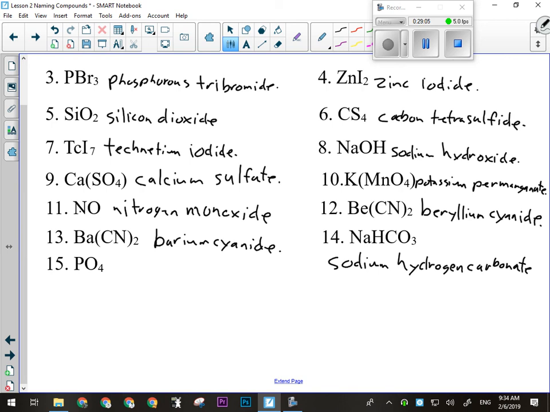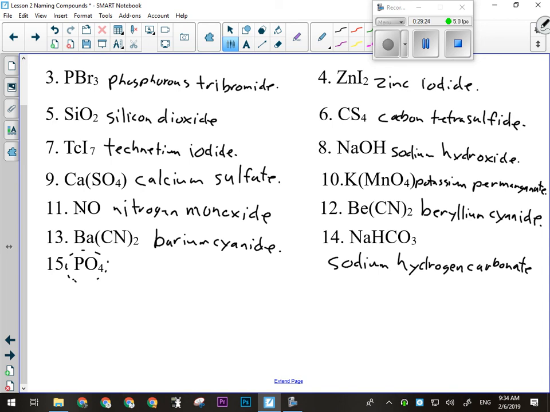Okay, and lastly, sometimes we make a bit of a mistake with this one. This is a molecular compound, phosphorus with oxygen. However, on our table of polyatomic ions, there's also a polyatomic ion with exactly the same formula. However, we can only have phosphate in a compound with something else.